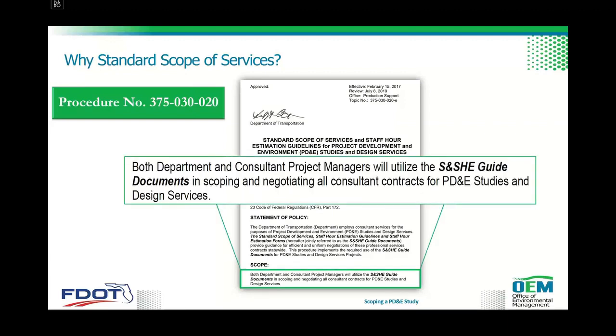And there is a statement that says that both department and consultant project managers will utilize the guide documents in scoping and negotiating all consultant contracts for PD&E studies and design services. Since I believe there are several of you that are design managers, you should be familiar with this policy, or procedure rather.